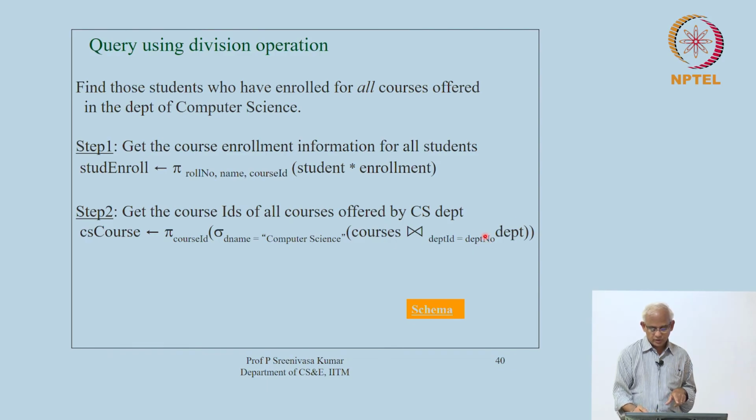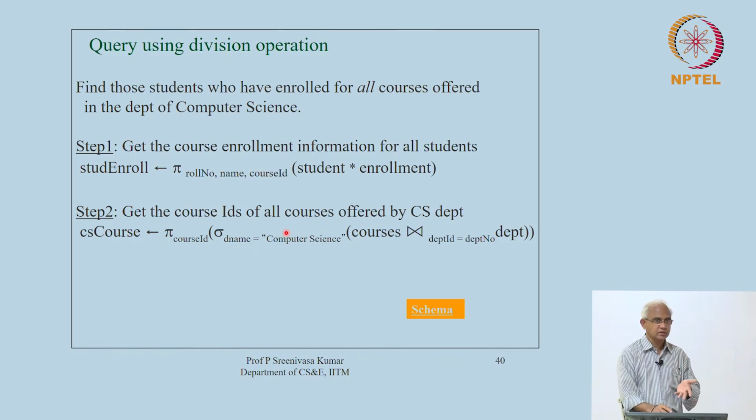So, we take the appropriate combinations. This will produce information about courses along with the details about the department that is offering, and then we do a selection based on computer science. The name of the department should be computer science. We are assuming that we do not know the ID of the computer science department, and so we have to do a selection here.